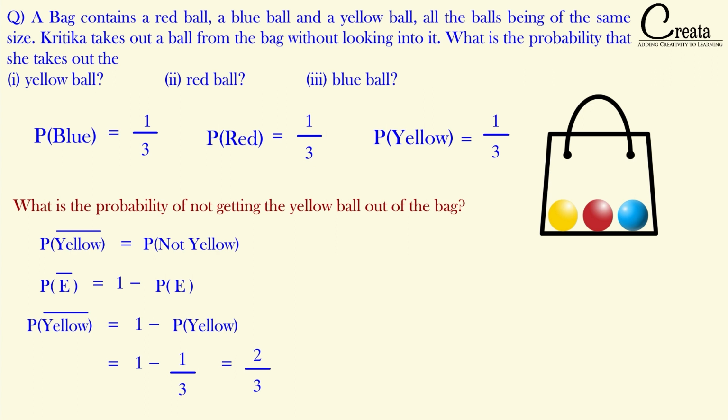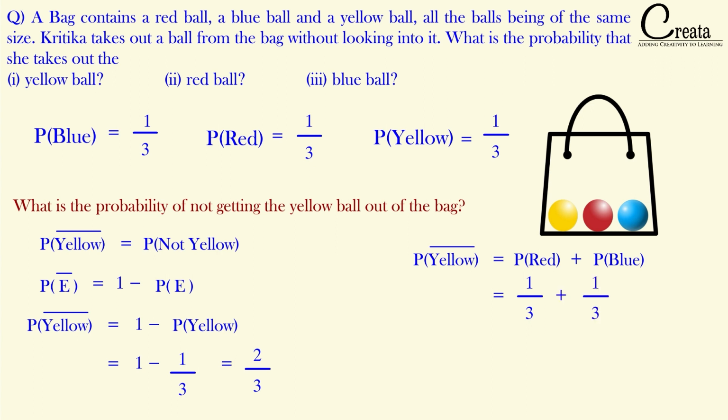Let's try to get the same answer through the other method. What is the probability of not getting the yellow ball out of the bag? It will be getting the red ball or getting the blue ball. If we get the red ball or the blue ball, it means that it is not the yellow ball. Got it? So what is the probability of getting the red ball? It is 1 by 3. And the probability of blue ball is 1 by 3.